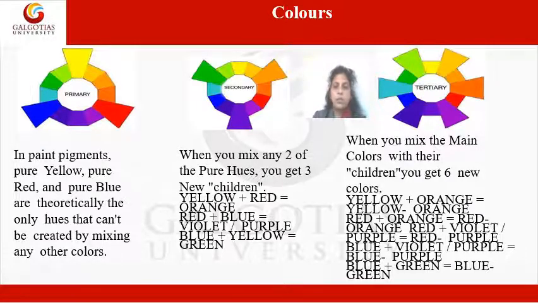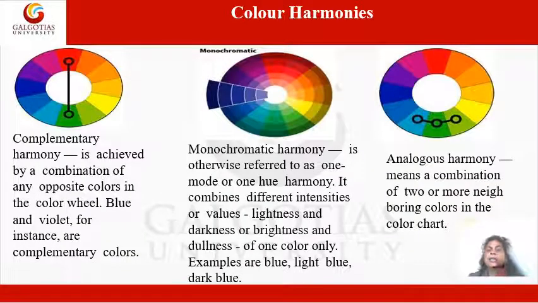Now coming to the harmonies, it is divided in three sections: complementary harmony, monochromatic harmony and analogous harmony. If I talk about complementary harmony, it is achieved by the combination of any opposite colors in the color wheel.